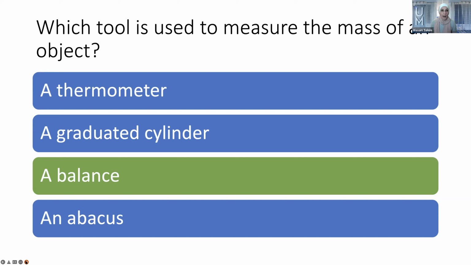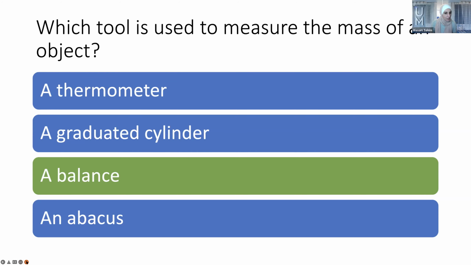So when we talk about weight, we're talking about force, but the balance is different. The scale calculates the weight and then calculates the mass. But with the balance, you put an item in one of the trays and you put another weight on the other one, usually in grams, kilograms, or even pounds. So this is how you measure the mass of an object, by using the balance.